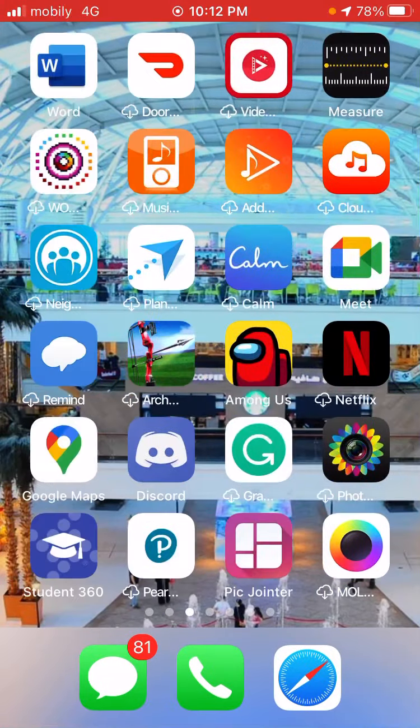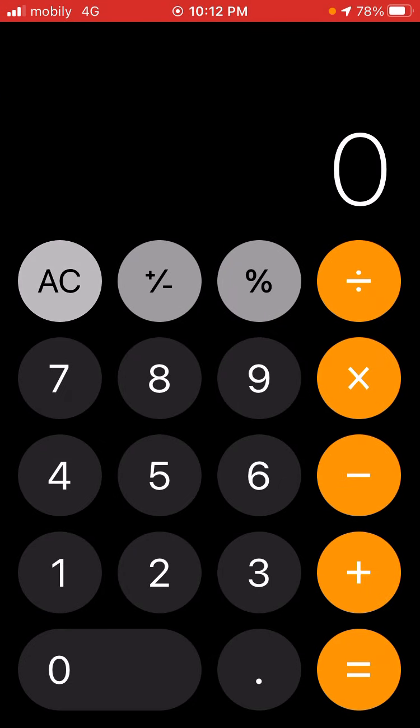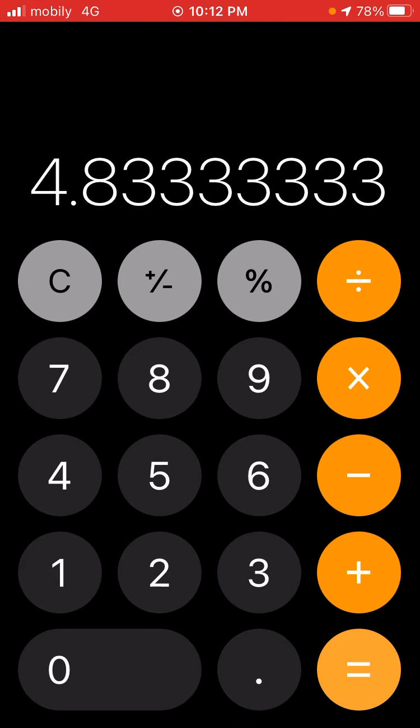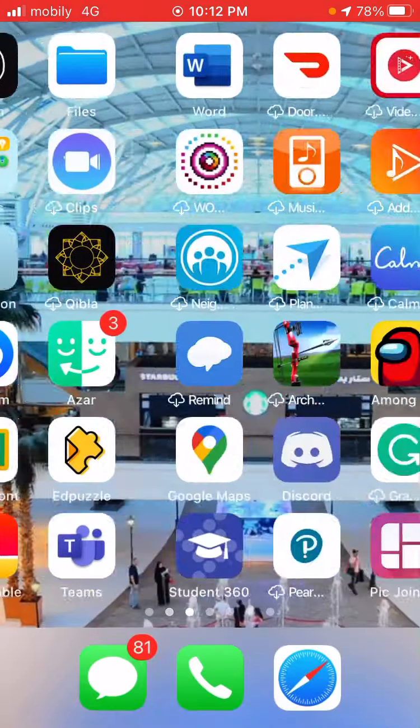Or you can just type it as a decimal if you want. That's the answer, but it's better to write it as 29 over 6.